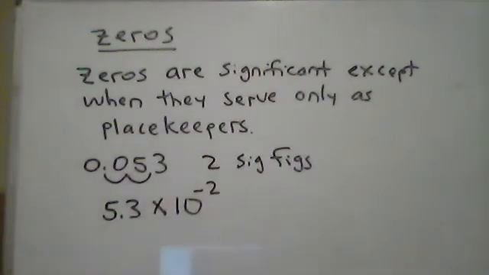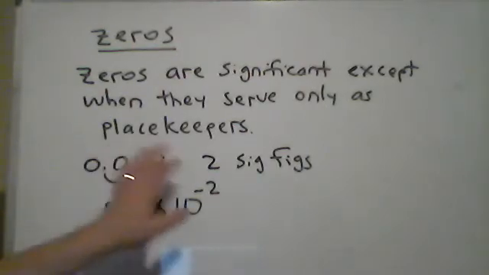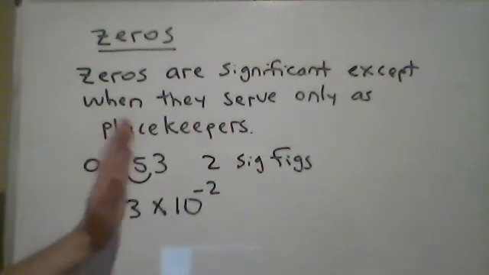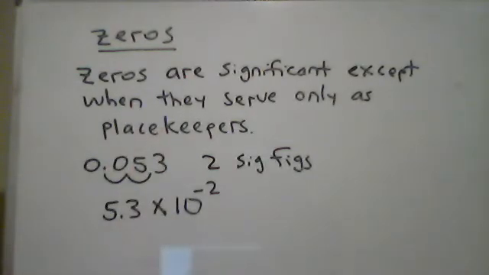Now, when you write it in scientific notation, it really does look like 2 sig figs. If you're confused about it in ordinary notation, writing in scientific notation clears it up pretty well, that there are 2 sig figs. So the only purpose of the 0 is to move the non-zero digit to the appropriate place. So it's called a placekeeper. It just puts it in an appropriate place. Not significant.